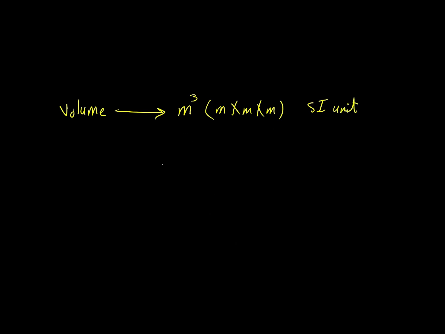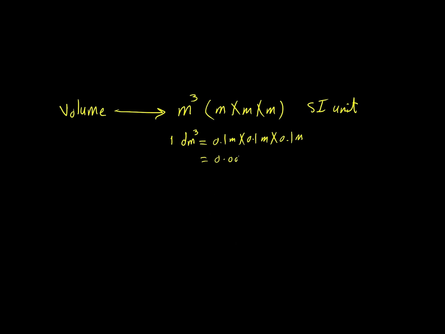Do we have fractions of this? Of course. We have 1 cubic decimeter. How many cubic decimeters in 1 cubic meter, or how many cubic meters in 1 cubic decimeter? Look at this. 1 decimeter means 0.1 meter, so 0.1 meter times 0.1 meter times 0.1 meter.